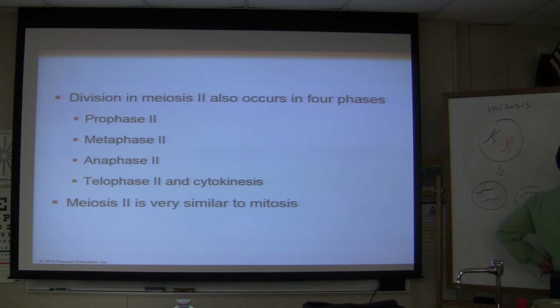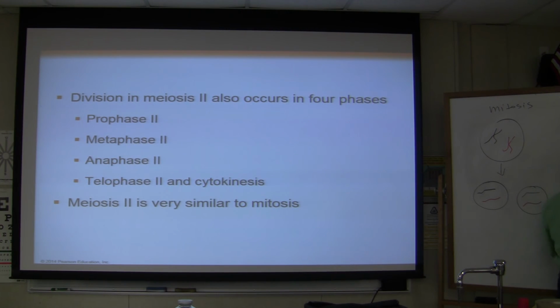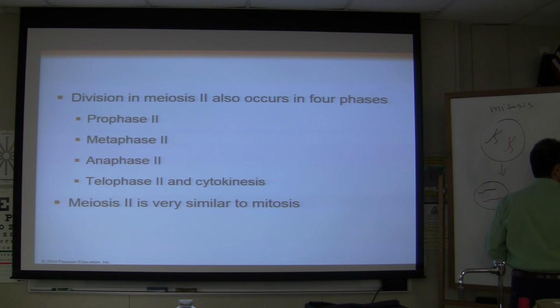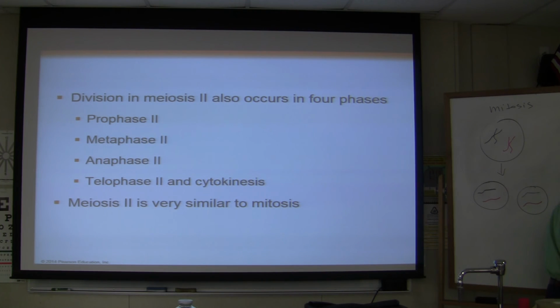Meiosis 1, what will happen, this will go to one cell, and this will go to one cell. Meiosis 2, this becomes like this, this becomes like that.